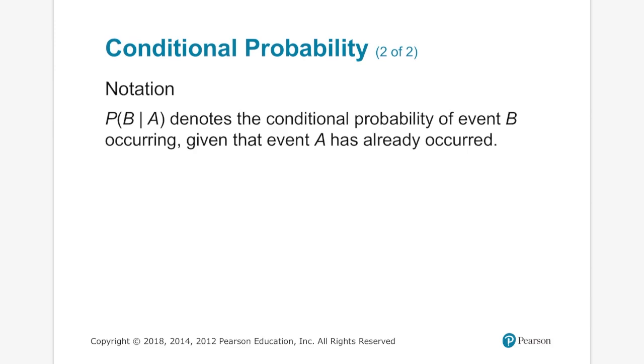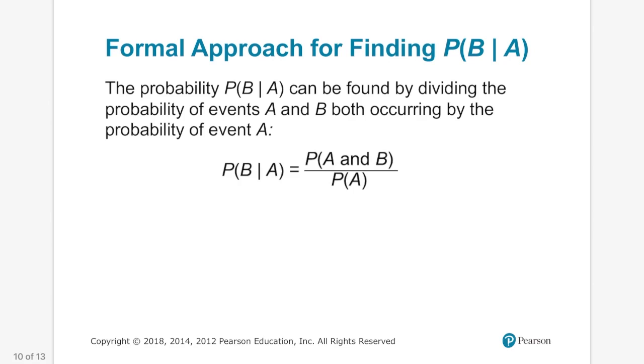What does that mean? It means that you want to find the probability of B given that you know A already happened. So A is the event that already happened, and you want to find the probability of B. The formula for probability of B given A equals probability of A and B divided by the probability of A.